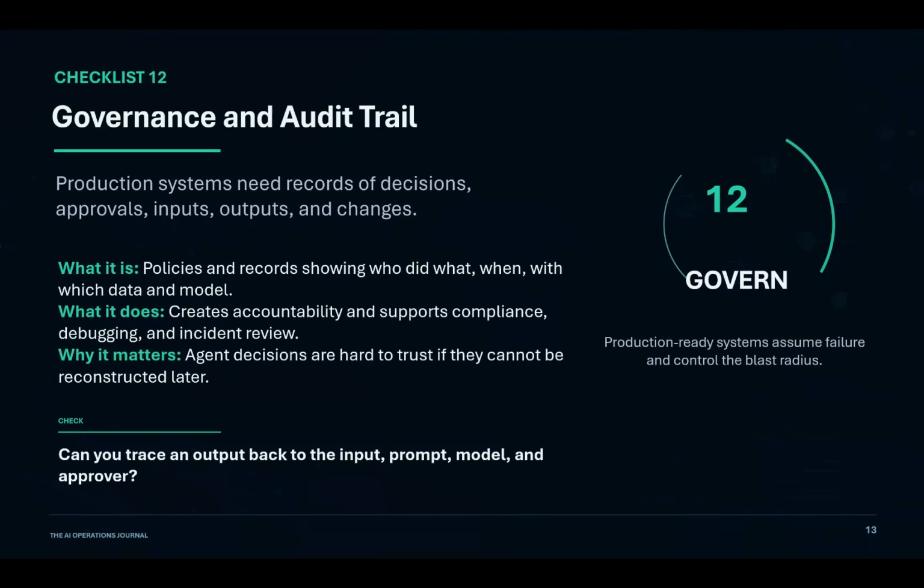And once they find what happened, what change should be made? And if they make those changes, what should happen after? So everything is spelled out, so there's no confusion. And that's very important for a production system, because then you have a uniform, plain way of handling incidents in your company. So a quick question you can ask yourself is, can you trace an output back to the input, prompt, model, and approver? You need to know exactly what happened. That goes with the logging, error handling, retries, everything.